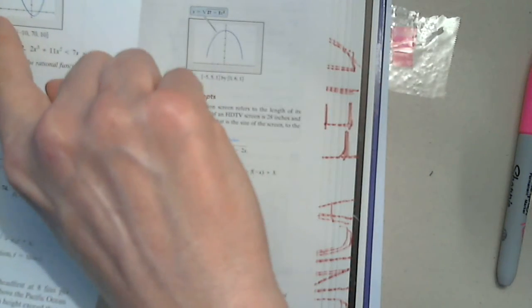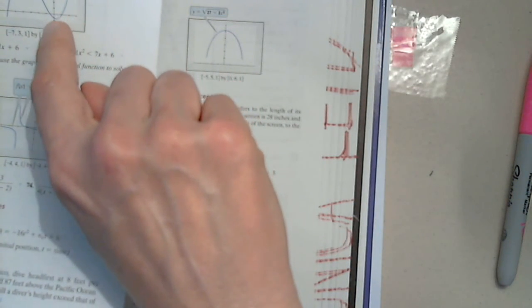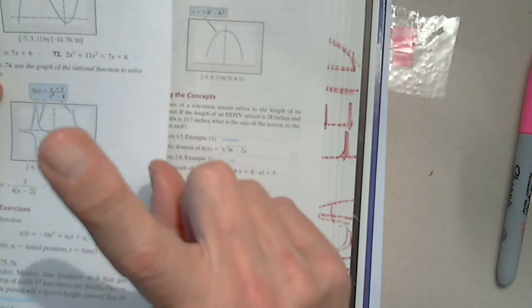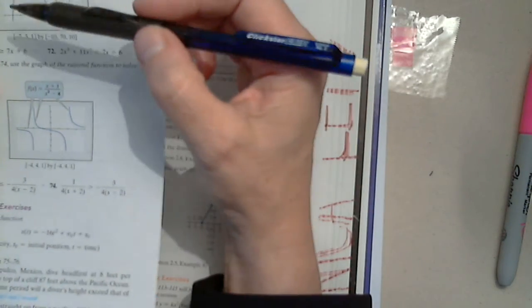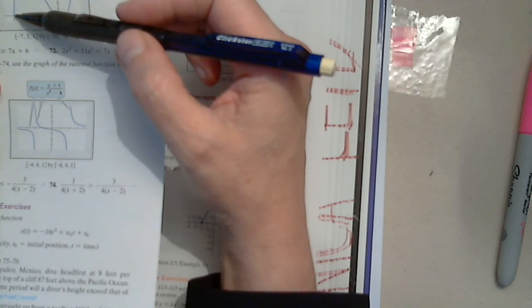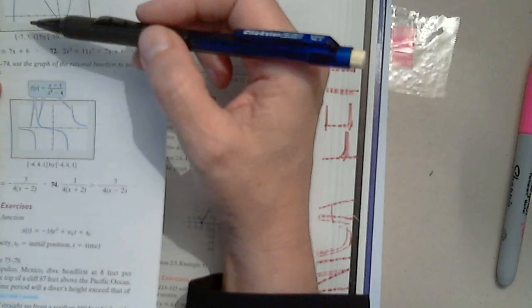Excellent. So we want to see where this function is above the x-axis. Follow the graph: below the x-axis, above, below, above. Since you said positive, perfectly correct. This is the positive for x between negative 6 and about negative 0.5.